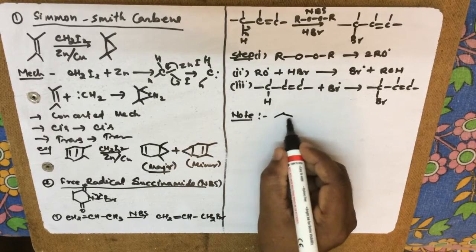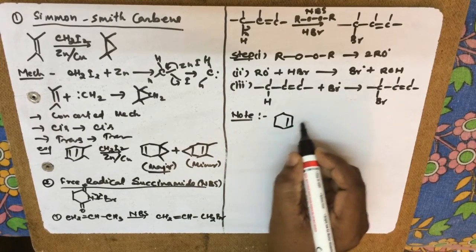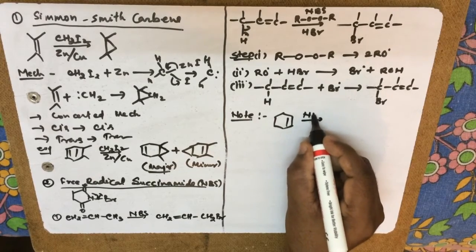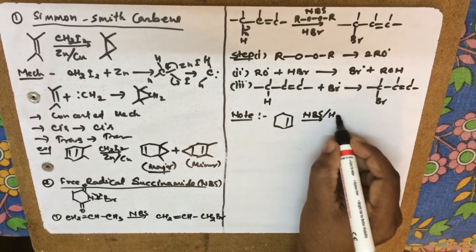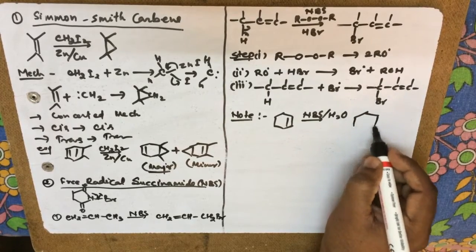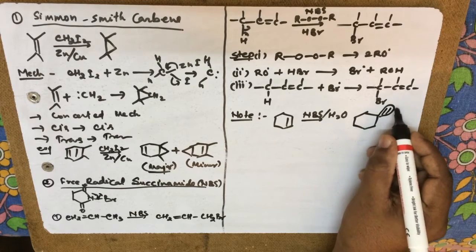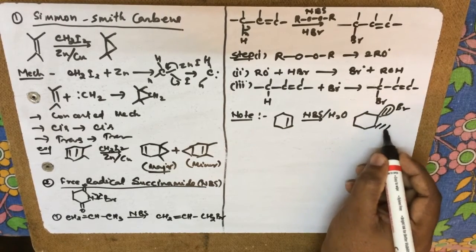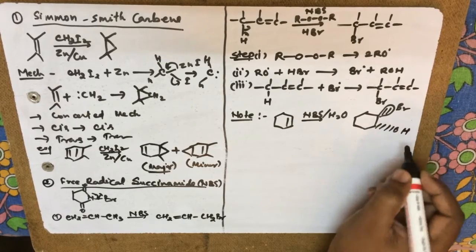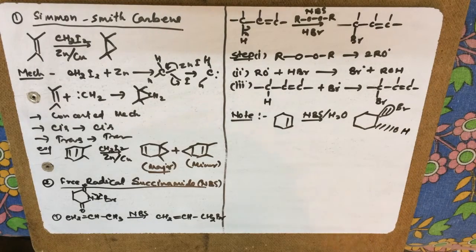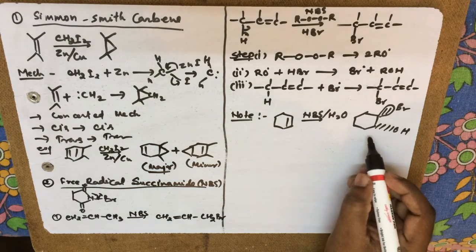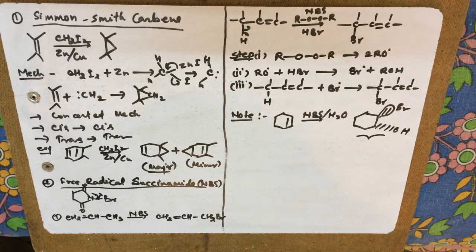So if you have this reacting with NBS in presence of water, your product will be like this. Okay, because here 2 nucleophiles are used, then anti-addition will take place. So here basically the anti-addition happened in the reaction because 2 nucleophiles are here.